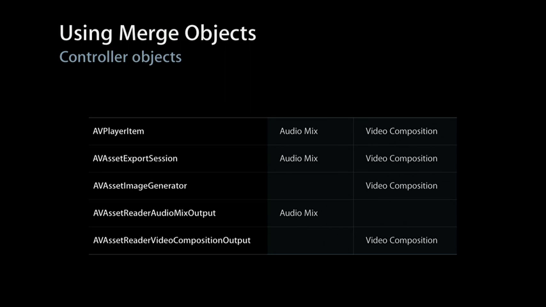An export session can do the same thing, describing how the asset track should be mixed as you save a copy. For still images, we can describe how to composite the video tracks before the still is generated. And when reading either audio or video from an asset, you can also have a mix applied as you are reading.